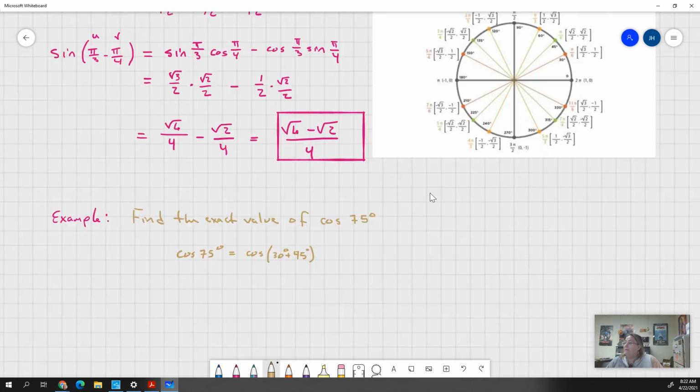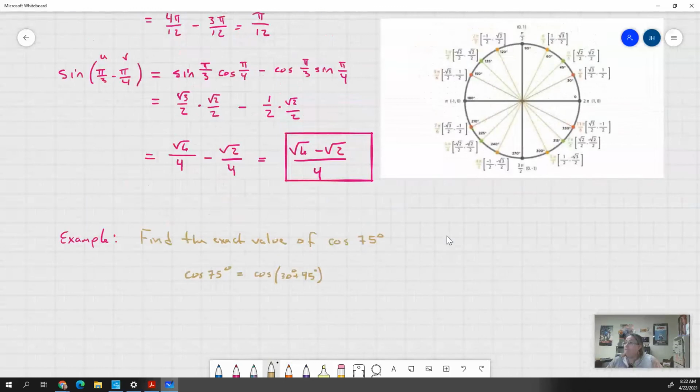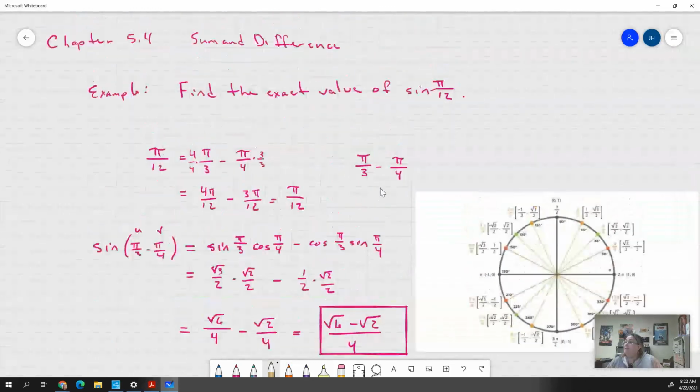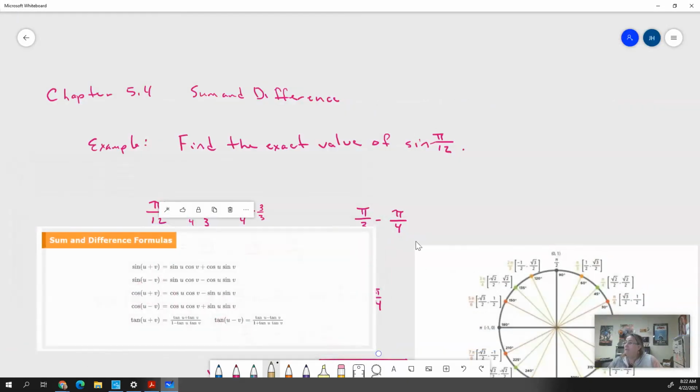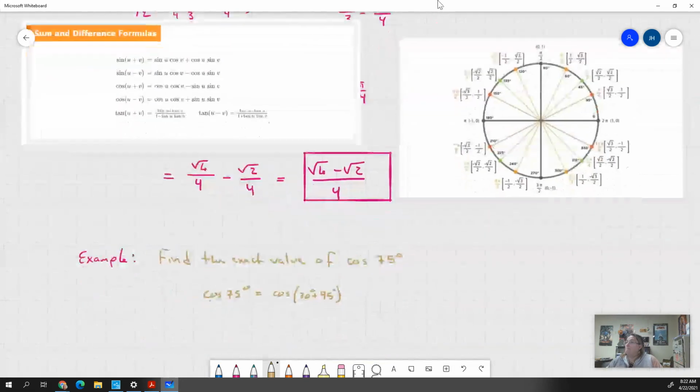So if we look at this now, let me see if I can go bring this image down with us too so we can see. If we look at this, we've got cosine of, we'll call this u and this v, right? So we have cosine of u plus v, right? And we can just use that formula.